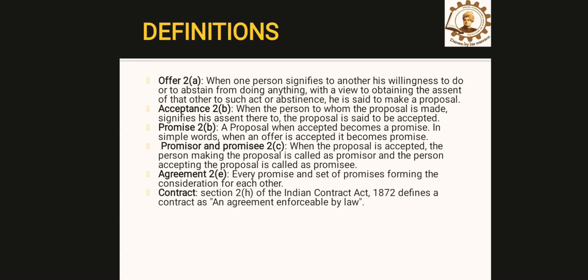He will take only 10,000. So this is when the offerer, or one person, signifies his willingness, the content in which he is going to do these things or not going to do these things, with a view to obtain the assent.